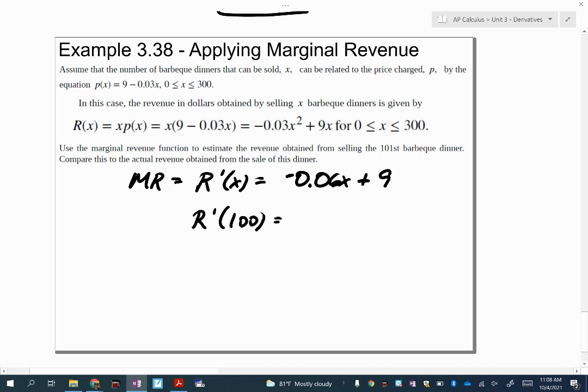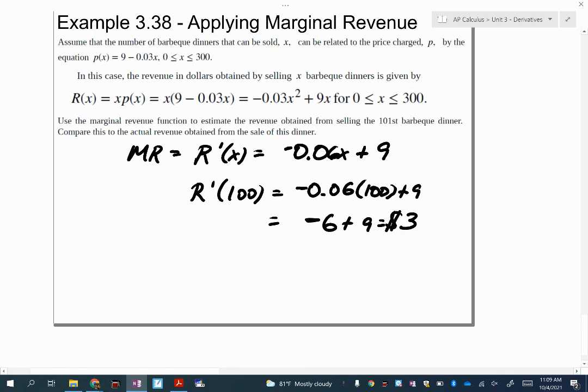So R prime of 100 is negative 0.06 times 100 plus 9. That's negative 6 plus 9, which is $3. So the marginal revenue obtained from selling the 101st barbecue dinner is $3.